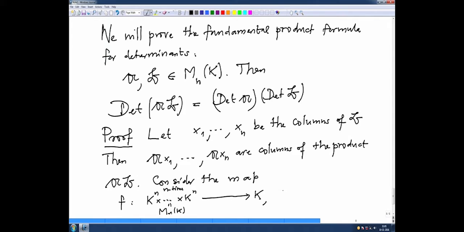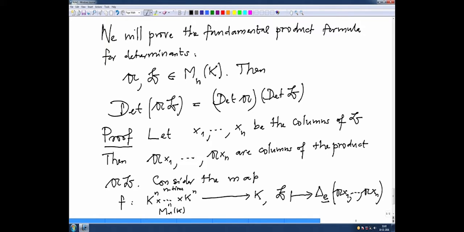Take any matrix B and map it to delta E, the standard determinant function on k power n, evaluated at these columns A x1, ..., A xn. This makes sense. This is a map from M n k to k.